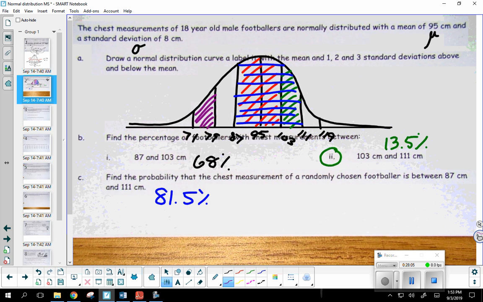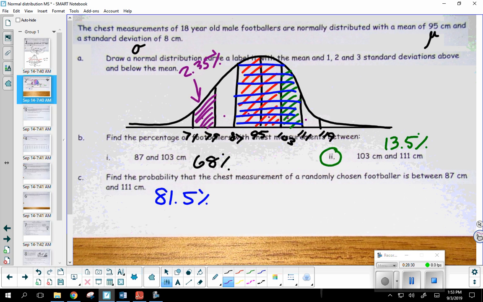That would be 2.35. Look at the regions below the curve. We've got 3 above and we've got 3 below. It goes 34, 13.5, and then 2.35, for a grand total of 99.7%.